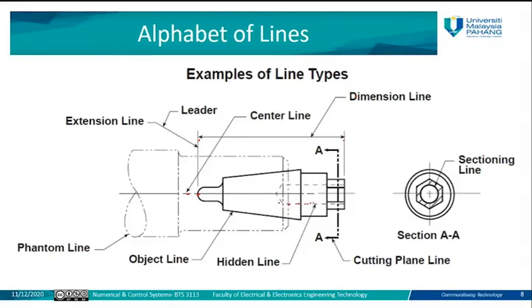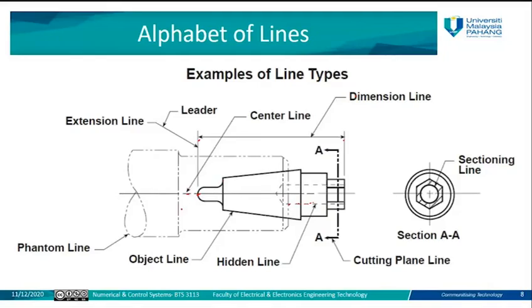So different lines are used for different representations of the product. All these types of line are standard, and when they want to use a dimension line, they have to use a line with two arrows at the end to show the dimension. If they want to use a center line, they have to use a line with a small dash, to show the center line of the product.